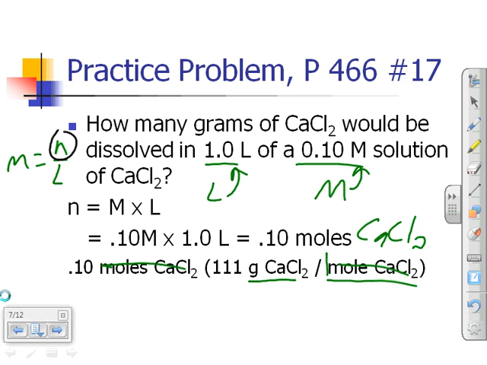So we'll end up with our 0.1 moles times 111 grams, and we will end up with 11 grams of calcium chloride. So if I need to make 1 liter of a 0.1 molar solution of calcium chloride, I need to add 11 grams to my container and then dilute the rest of it with water.